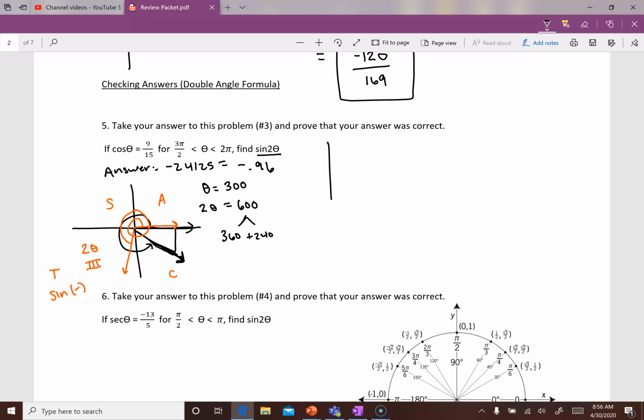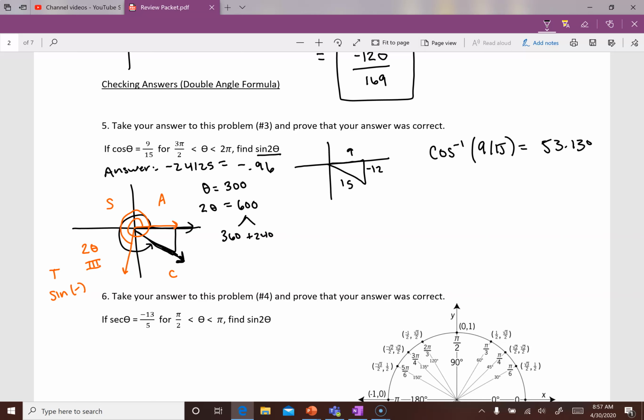All right, next thing that we're going to do is actually get the correct angle. There's a couple ways you can do it, but I remember that my triangle was a 9, negative 12, and a 15. And I'm going to take the cosine inverse of what I was given right here. So cosine inverse of 9 over 15 is going to give me 53.13 degrees.